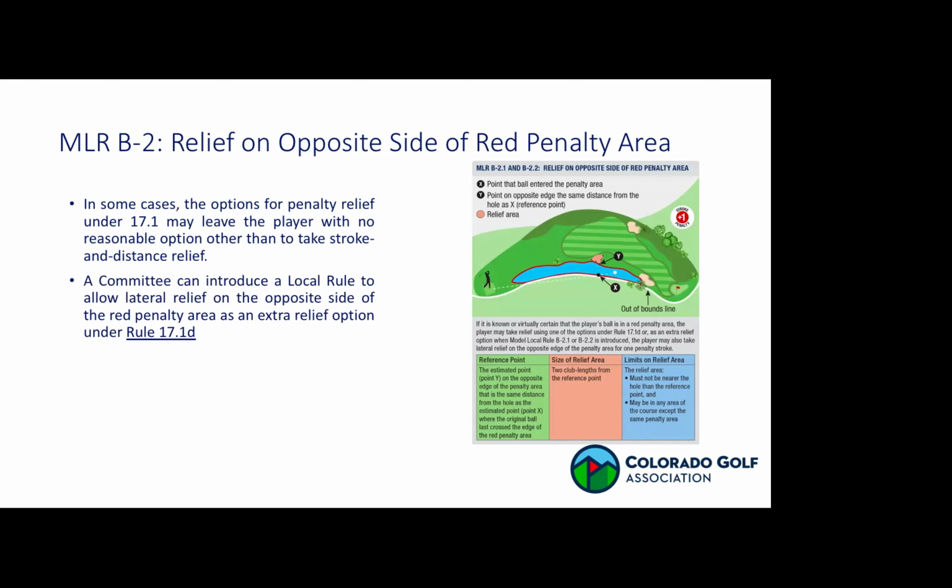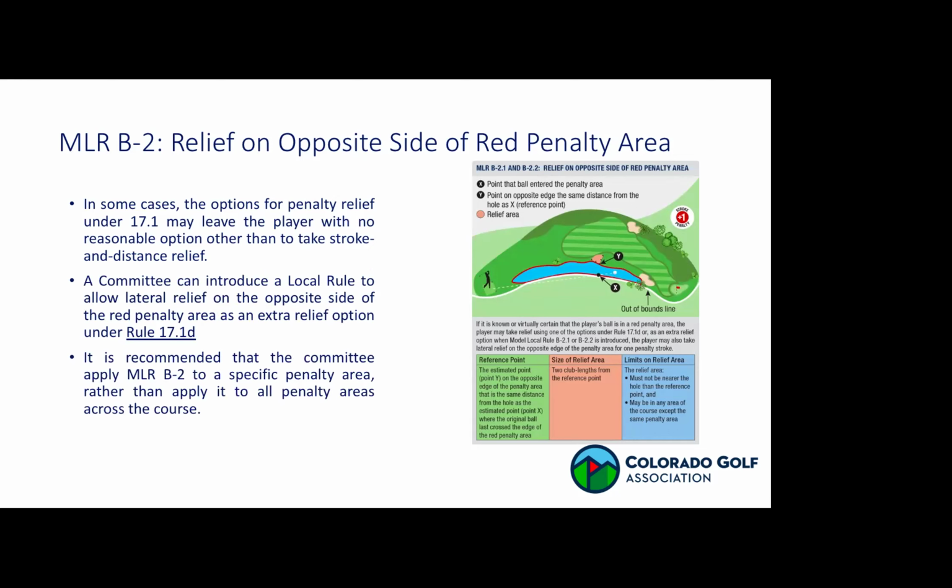We have a diagram here on the right, as you'll see. This is a very good one from the USGA, and you get a feel for the whole layout where you might come across one of these examples. So again, you're talking about lateral relief areas, typically those red penalty areas.